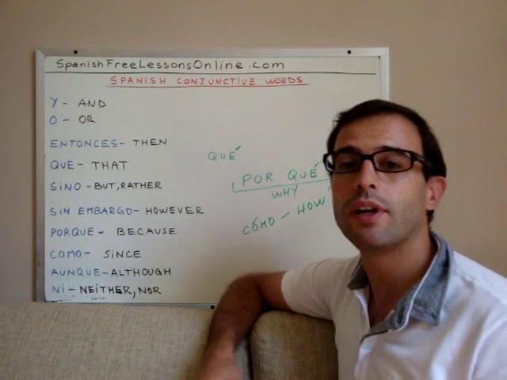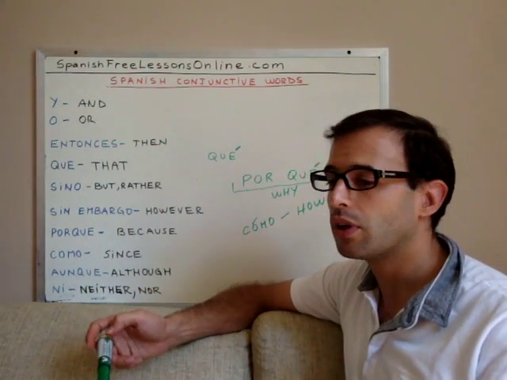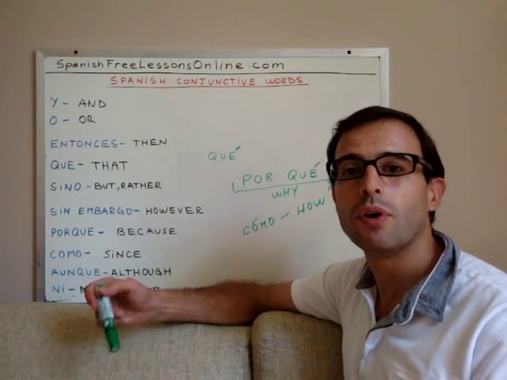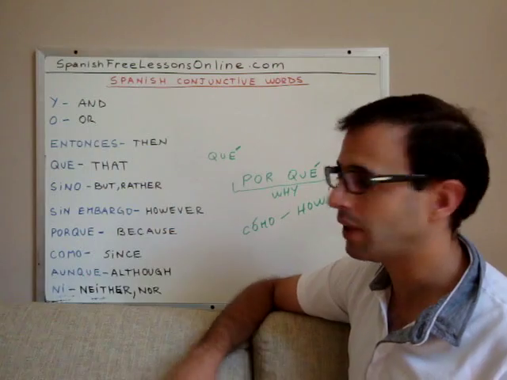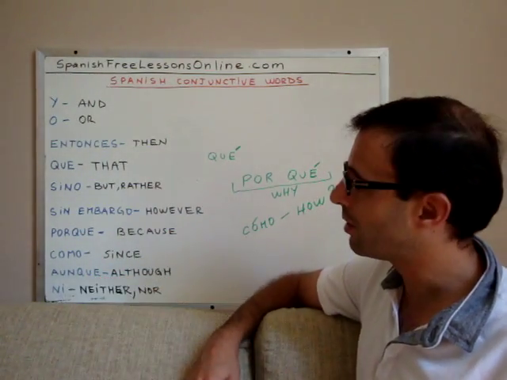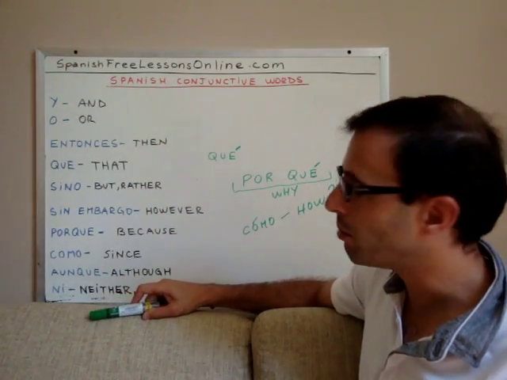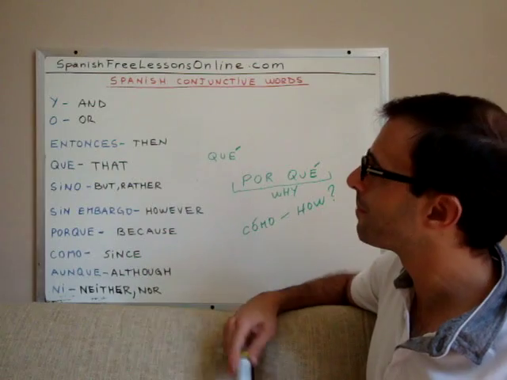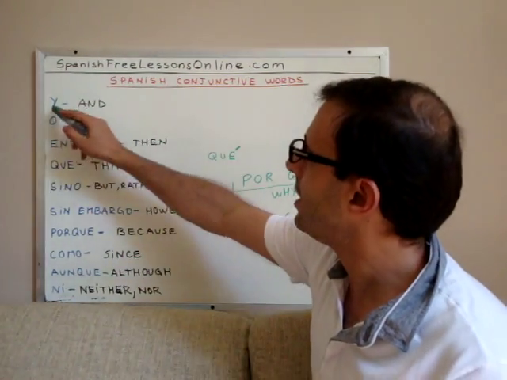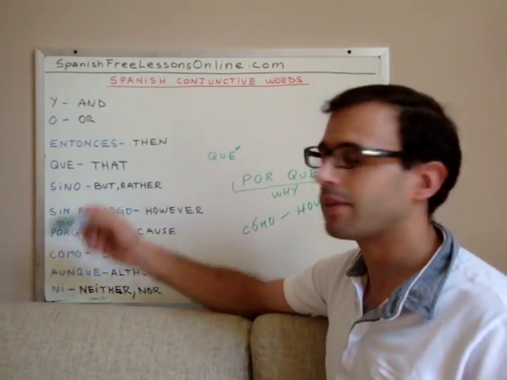So if we have a list of, say, two words that we want to say, for example, neither this nor that, we would say ni esto ni aquello, right? Because ni means neither, and it also means nor. One more thing I want to show you here with and, y. You can say this and that, right?